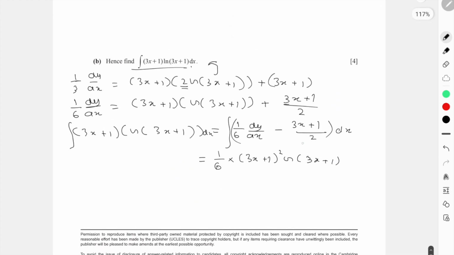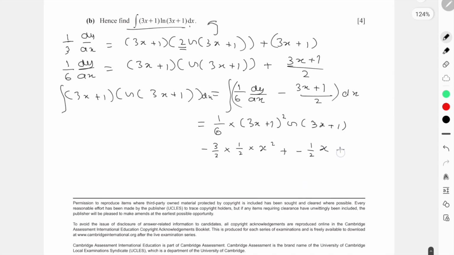And then the integration of this is essentially minus 3 divided by 2 into 1 divided by 2 into x squared. And then the integration of minus 1 by 2 is minus 1 by 2 into x. And then we add a plus c.